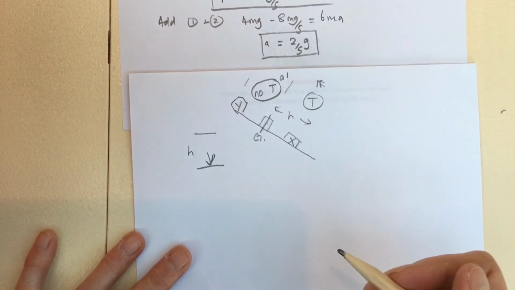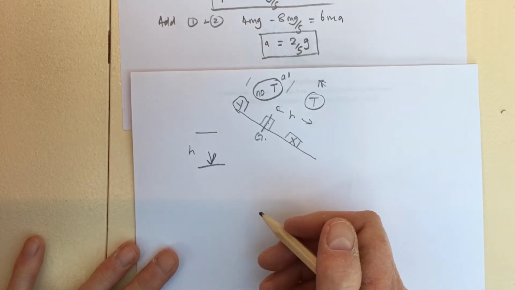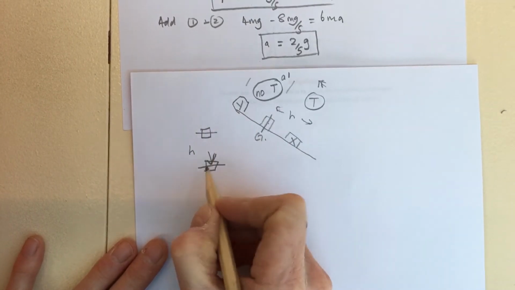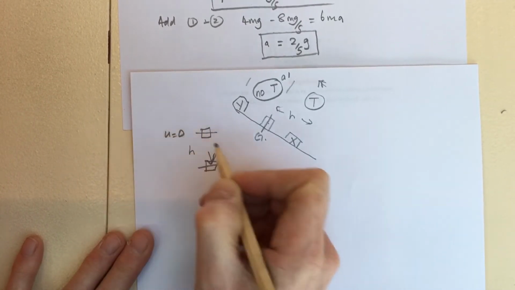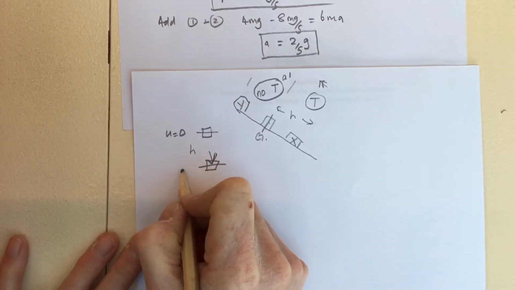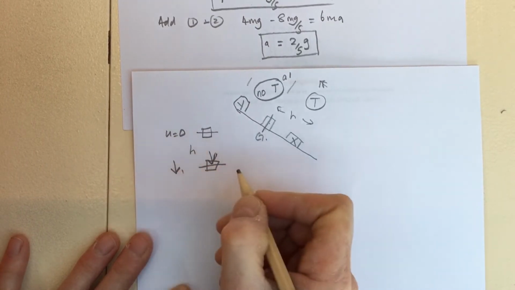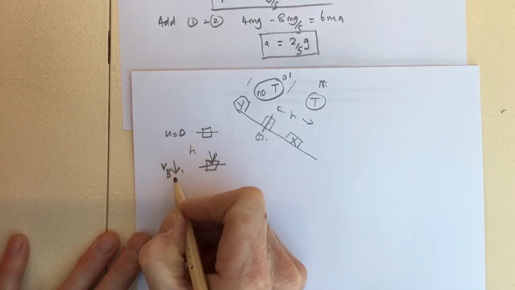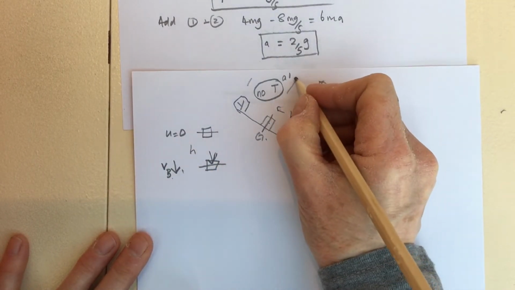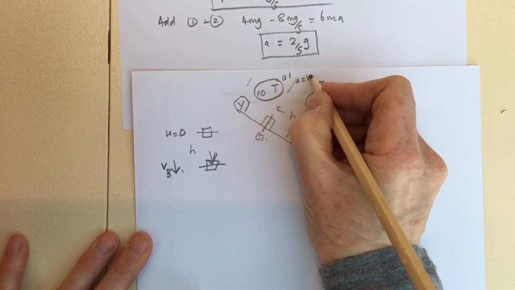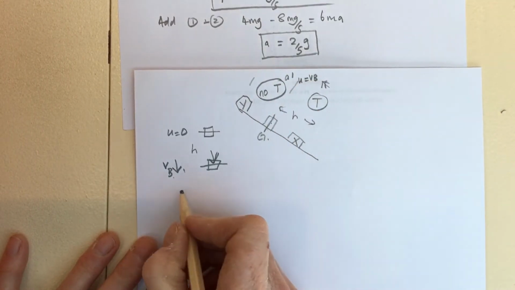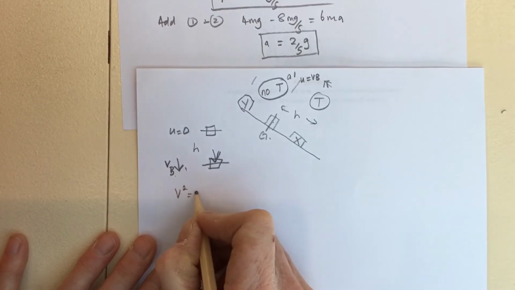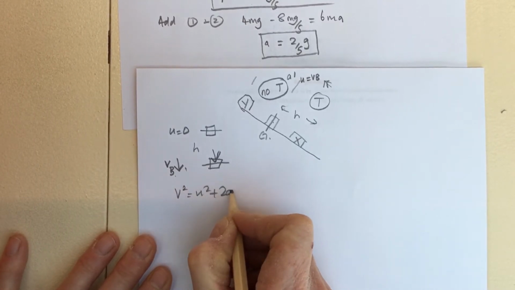So what we need to do now is suvat for B. We know it starts at 0. We know it's moved down h, so it hits the ground here with some velocity, and that velocity will then be our new u for our last portion. Okay, so if we do suvat here, we would use v squared equals u squared plus 2as.